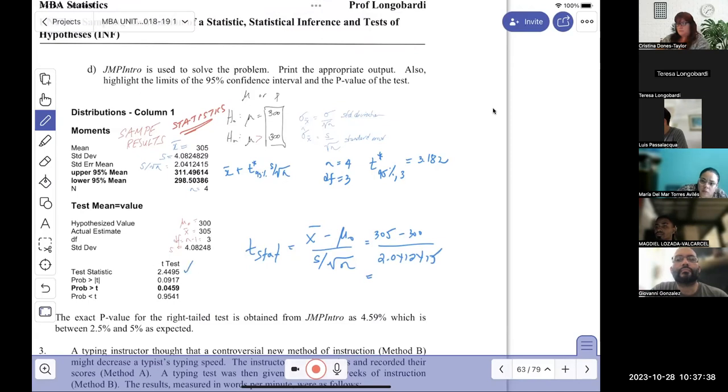And you should get this number. So verify that, and then we'll talk about the last part, which gives you the result.